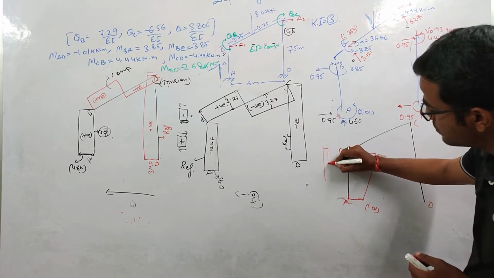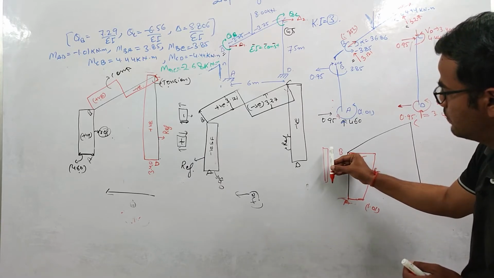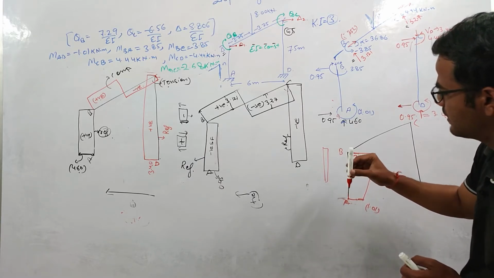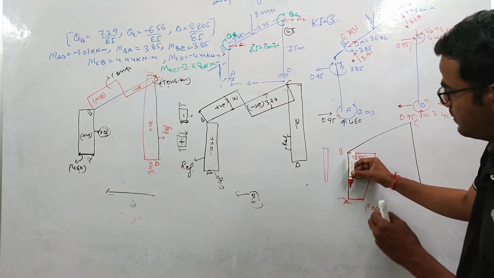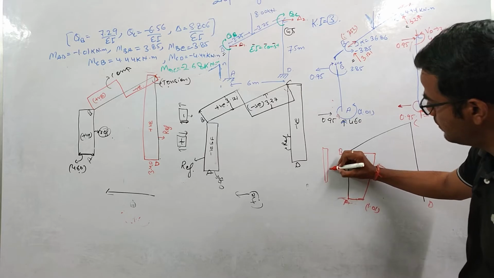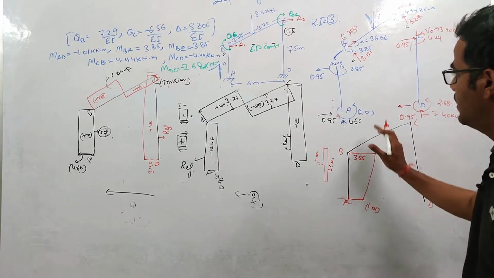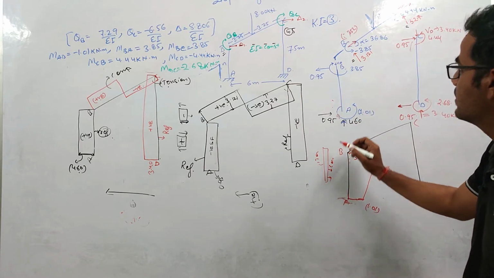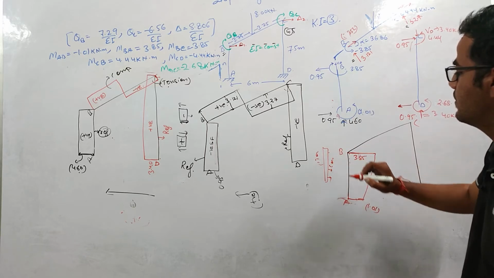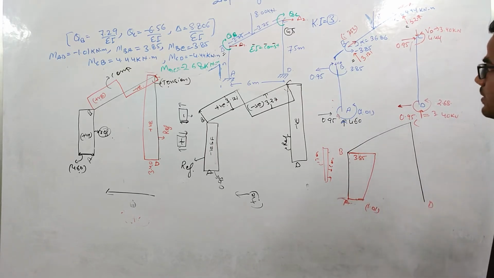If you see the side view of this, if this is the column and you are seeing from this side, okay, so this portion will be in compression and this will be in tension, right? As per this bending moment diagram, this moment will cause compression on this fiber, and this moment will cause compression on this fiber. And the bending moment will be drawn from the compression side, right?